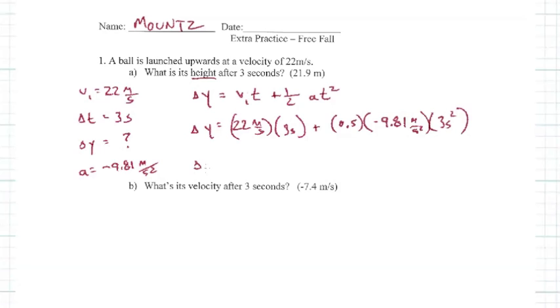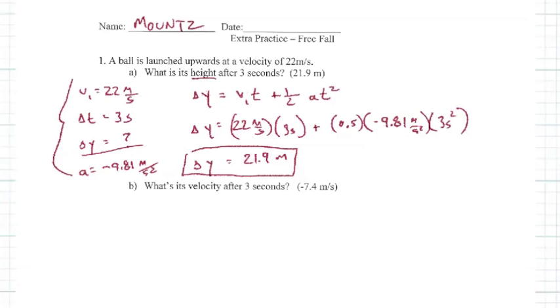If we punch all that in, our displacement calculates out to be 21.9 meters. And again, all I did right here was go down my list and find what I know, then find an equation that involves what I know and what I don't know, and simply solve for the unknown.